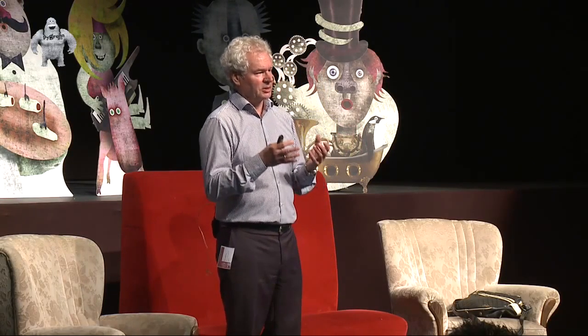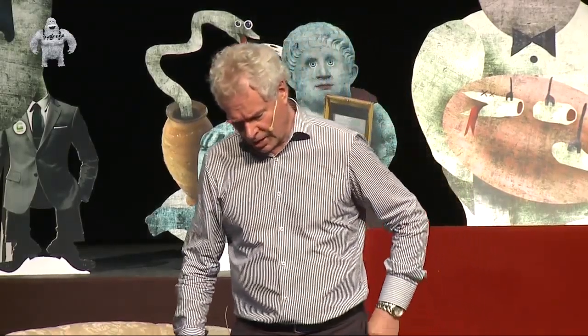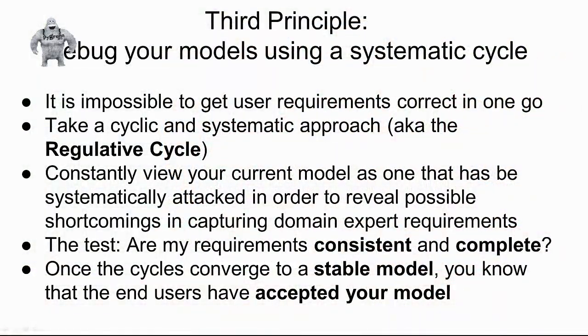So you see your model as something you have to constantly attack, trying to figure out what's wrong with the model. Is it consistent? Have I understood my domain expert correctly? Did I get all of his requirements? So that's a really hard job. But once you go through this systematic cycling of attacking your model, at a certain point, your model starts to converge, and it becomes stable.